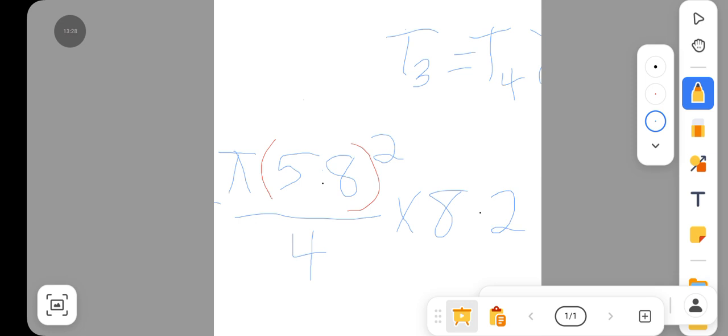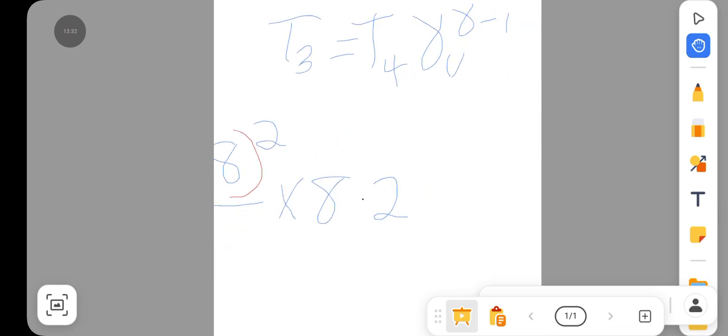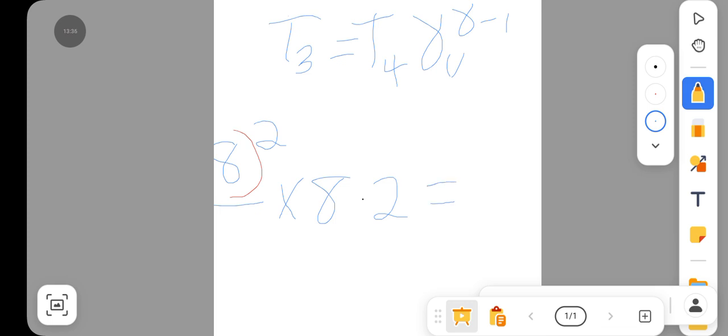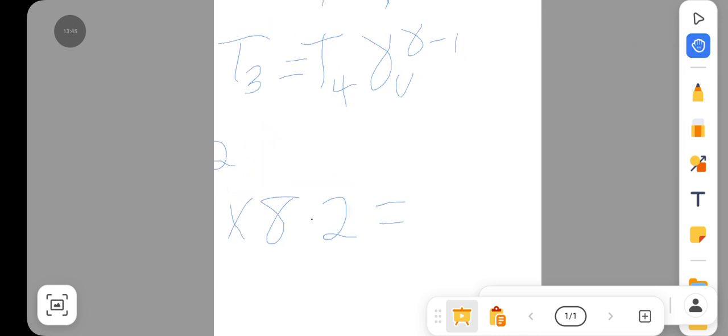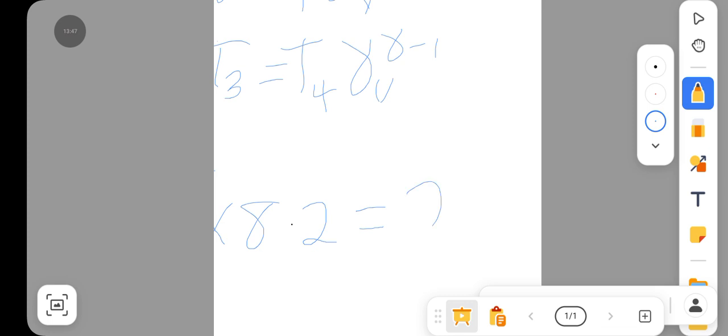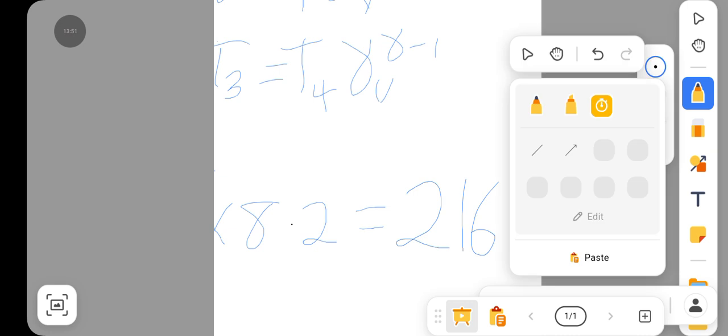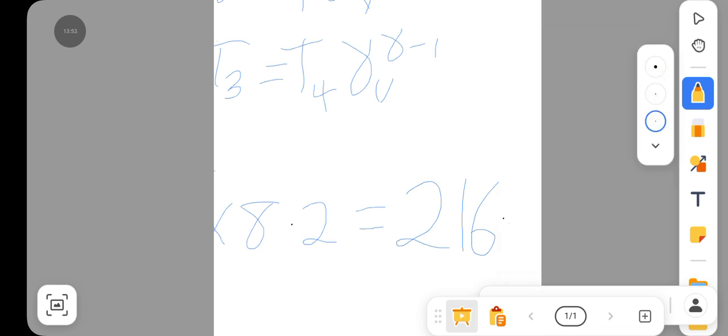So if we multiply every single one of these together and they are in centimeter, everything here is going to give us 216.65 centimeter cube, since it is in volume.